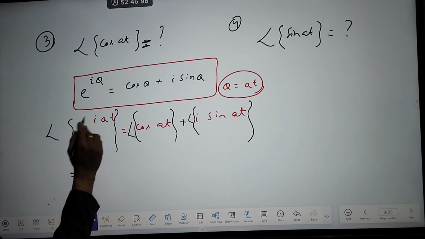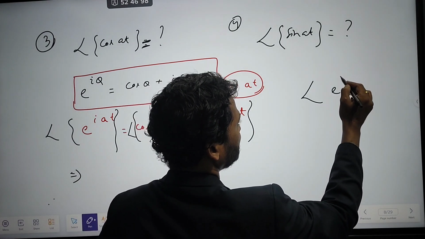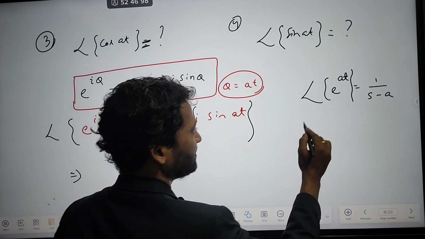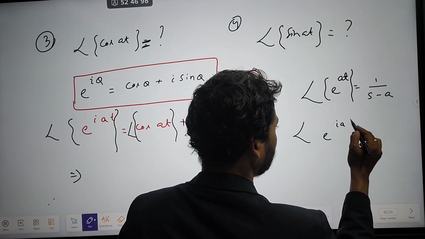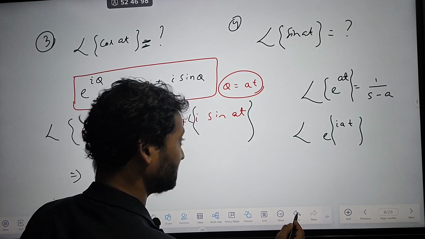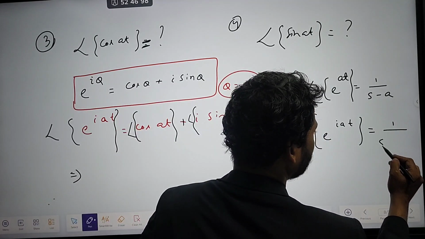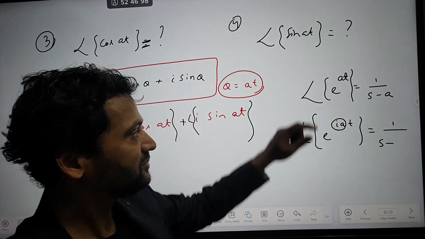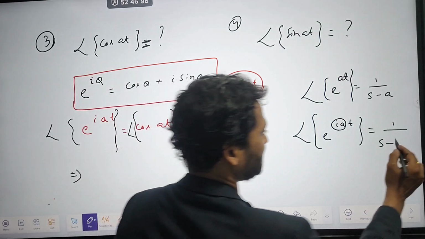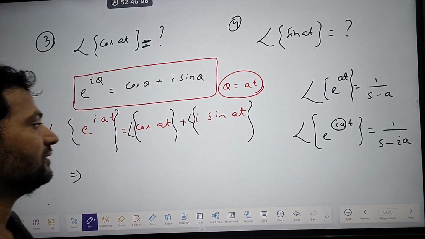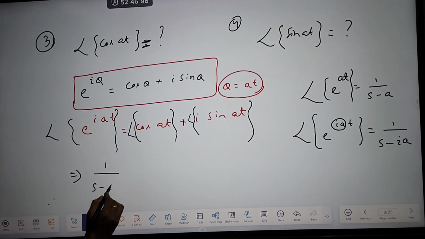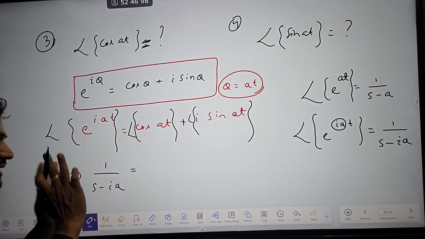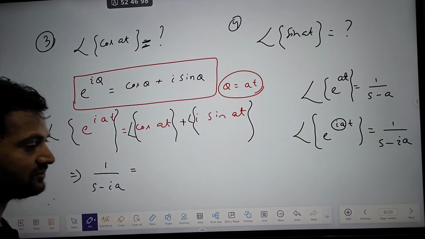Laplace of LHS will be Laplace of e to the power at. I just said that the formula for Laplace of e to the power at is 1 by s minus a, right? So similarly, what is Laplace of e to the power iat? Here it is 1 by s minus, tell me, here it is a, so here it is ia, meaning replace a with ia. So it will be ia. Clear? So you mention here 1 by s minus ia is equal to, do not touch the RHS part, because finally if we compare LHS to RHS we can get this result, right?